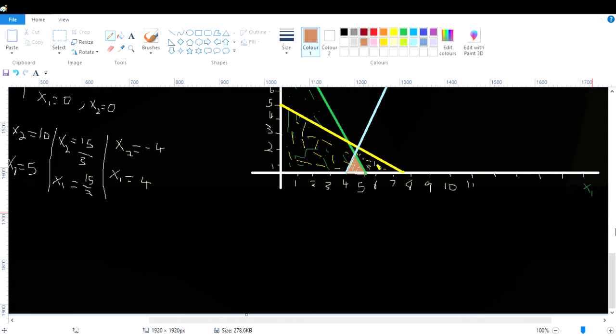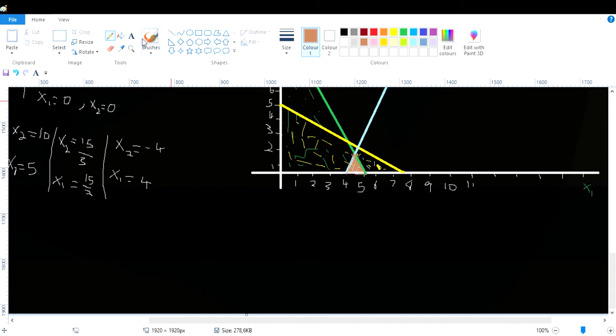So now let's find the extreme points, the points that are forming this feasible region. Let's find this intersection point. After finding this intersection point, we'll be able to find the maximum and the minimum value.